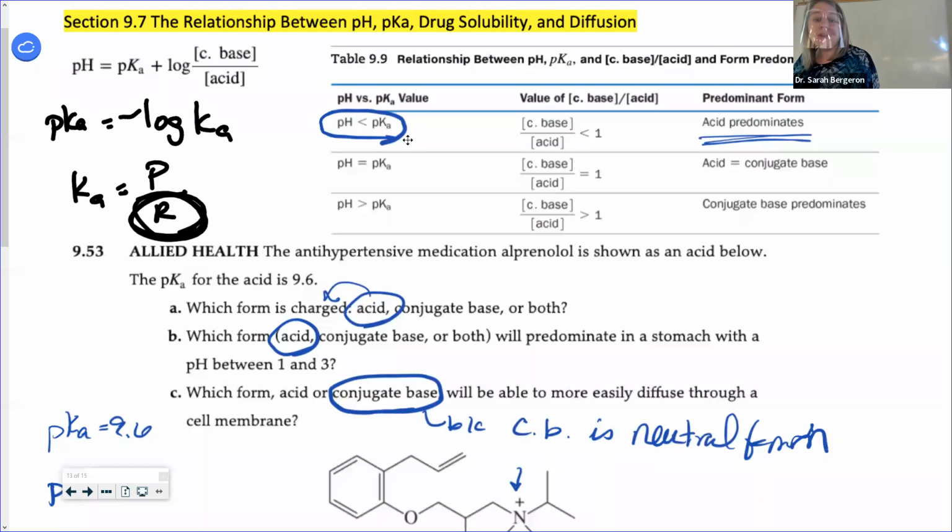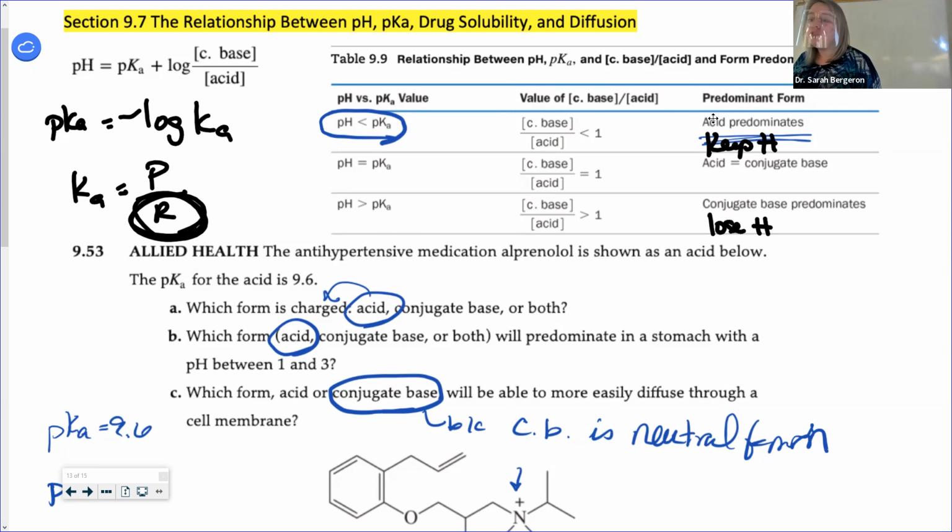So all this is doing is telling me which way the equation is going to shift depending on the pH. If the pH is smaller than the pKa, I'm going to what? Keep my hydrogen. If my pH is greater than my pKa, what's going to happen? I'm going to lose my hydrogen and I'm going to be a conjugate base, right?